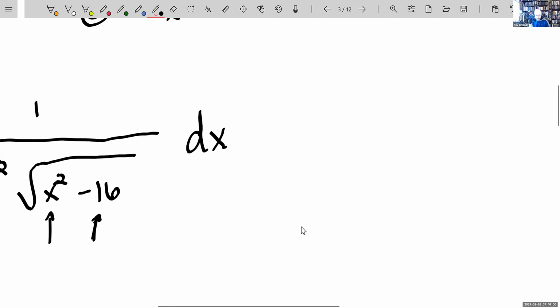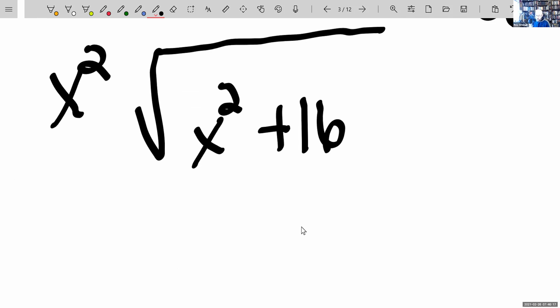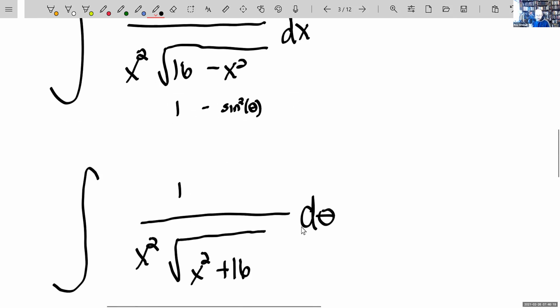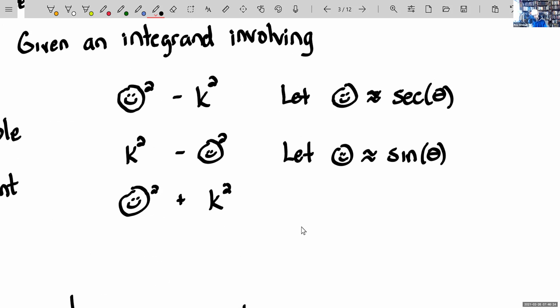Finally, somebody comes in and they say, no, sorry, I miswrote that integral. It's supposed to be the integral of 1 over x squared times the square root of x squared plus 16. Well, in that case, again, I think about trig identities. Tangent squared plus 1. That has the same form as tangent squared plus 1. So we're going to let happy face roughly equal tangent of theta.